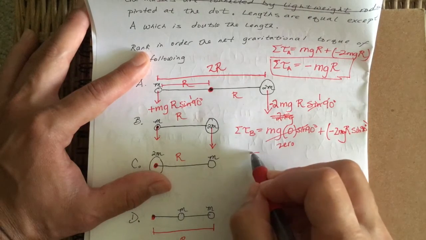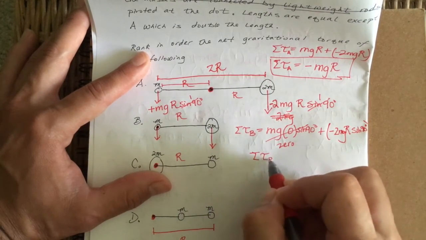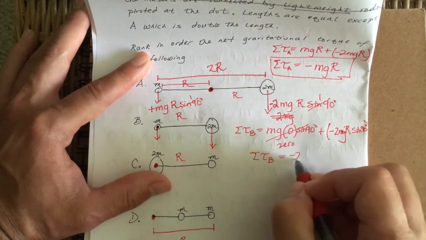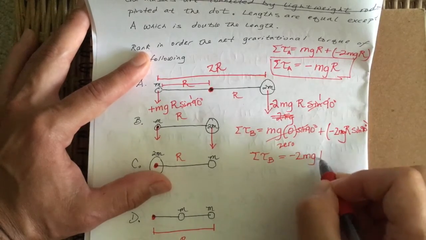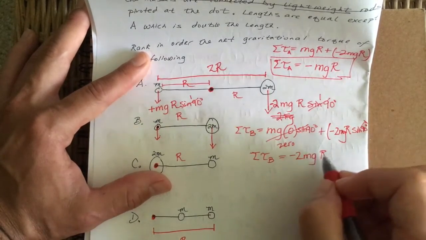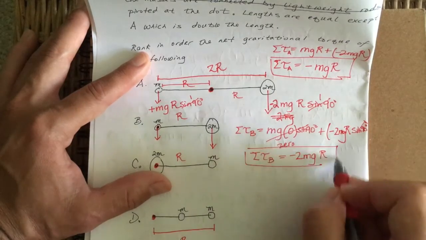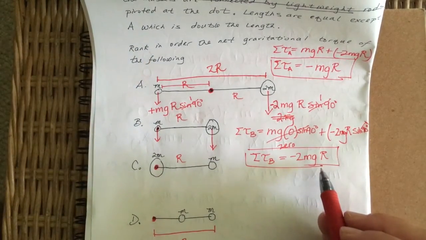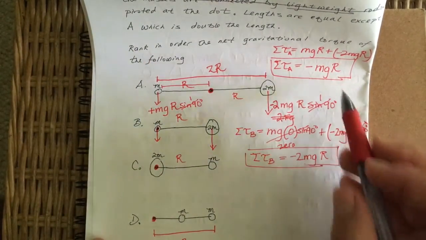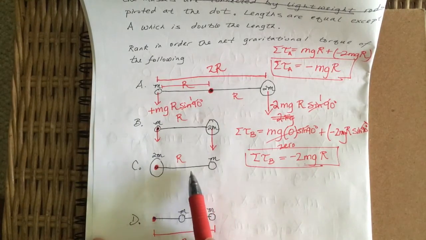And so the sum of torque B is equal to negative 2mgr. Sine 90 is just 1, so we can leave it like that. So it looks like torque B is winning right now. In terms of magnitude, this one's larger. What about C?